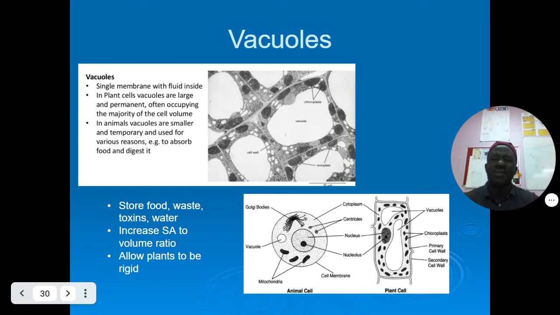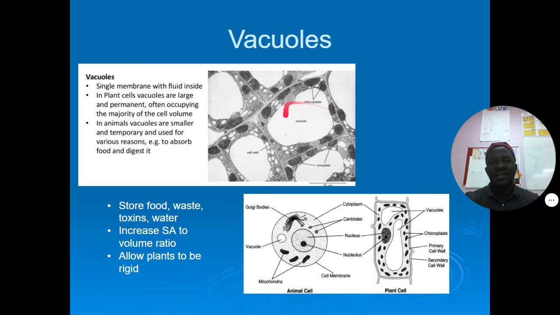Then vacuoles. What are vacuoles? Vacuoles are a single membrane with fluid inside. In plant cells, vacuoles are large and permanent, often occupying the majority of the cell volume. In animal cells, vacuoles are smaller and temporary and are used for various reasons, for example to absorb food and digest it.